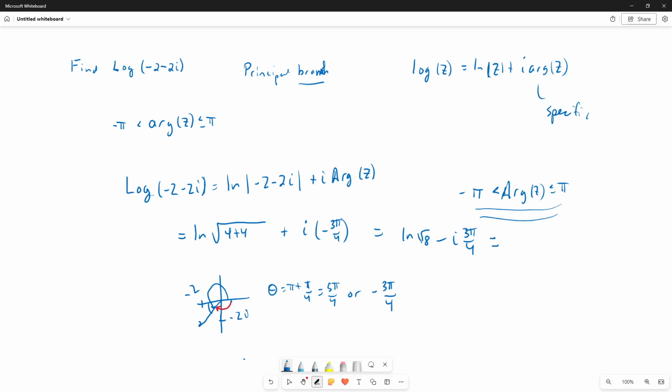And this is 3/2 log 2, if we wanted to play that game, minus 3 pi over 4 i.